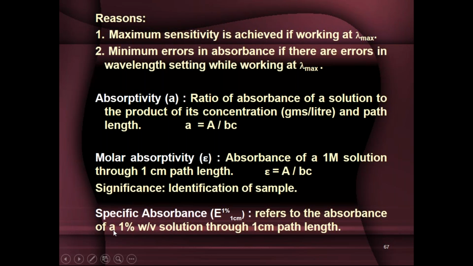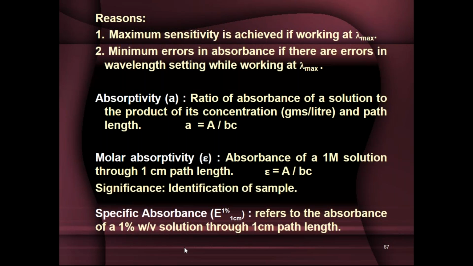And then you also have one more term which is called specific absorbance. Specific absorbance is denoted by E 1%, 1 centimeter. 1% is the superscript, 1 centimeter would be the subscript. This refers to the absorbance of a 1% weight by volume solution through 1 centimeter path length.